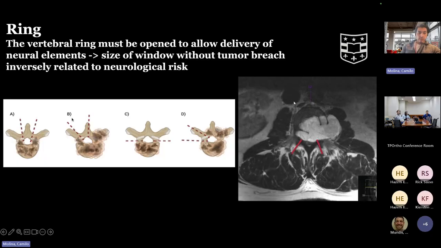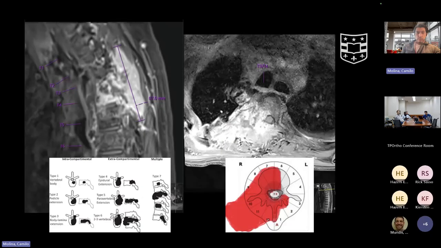It's, of course, still somewhat technically challenging, but neurologically much safer than if you have near 360-degree involvement of the vertebra, and all you can do is make a small pedicular window on the side and have to deliver the spinal cord or thecal sac out that small pedicular window. And so the neurological risk and complexity of that progressively goes up, giving it a higher score and a higher potential morbidity.